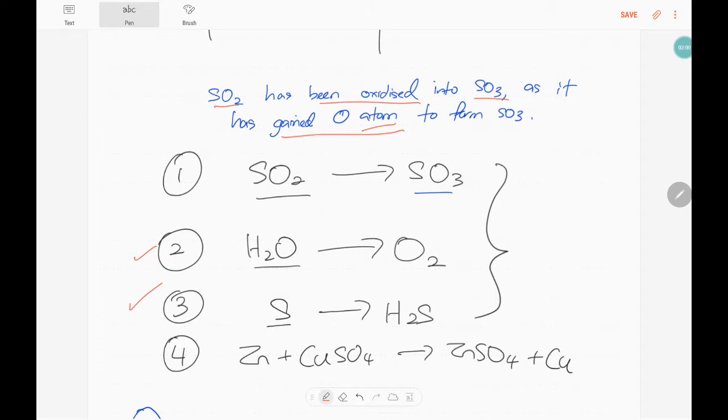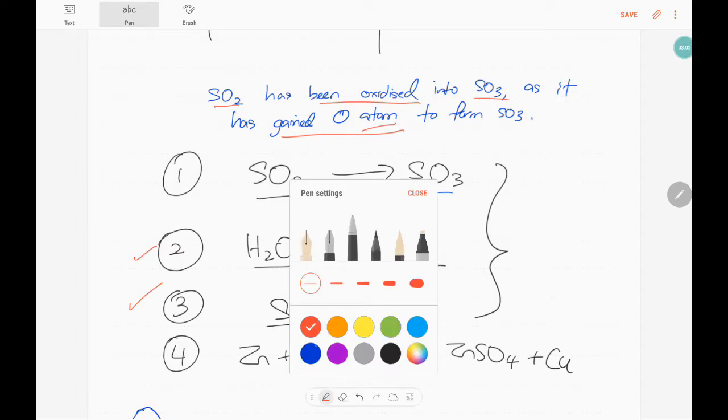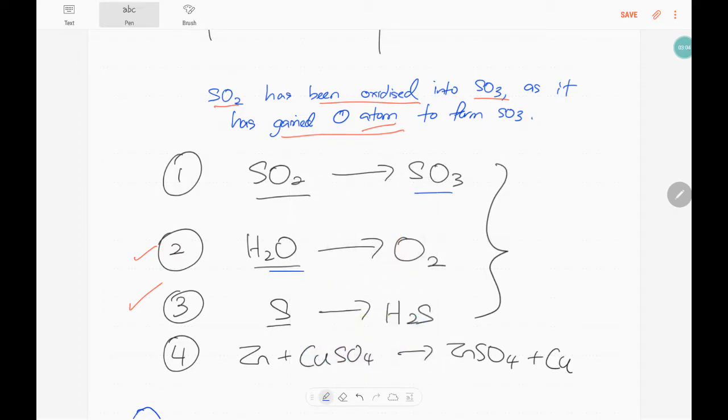Okay, for H2O, once again, it's obvious that you can either mention that it has lost hydrogen atom, in which case it is oxidation, or you can mention that it has gained oxygen atom, in which case it is also oxidation.